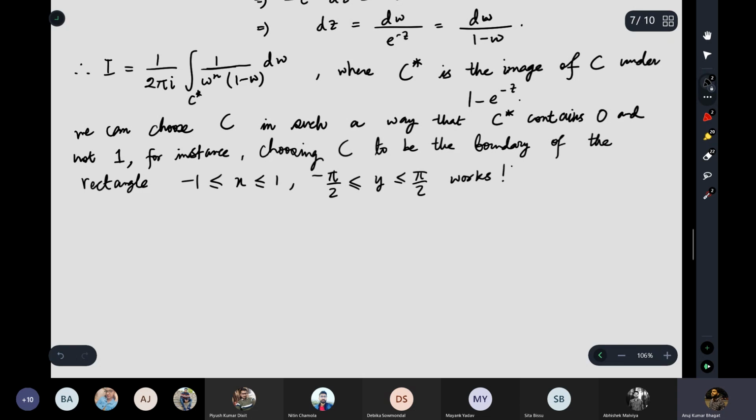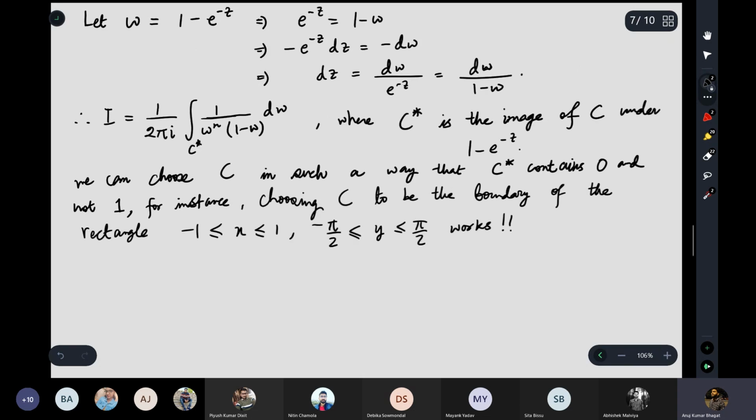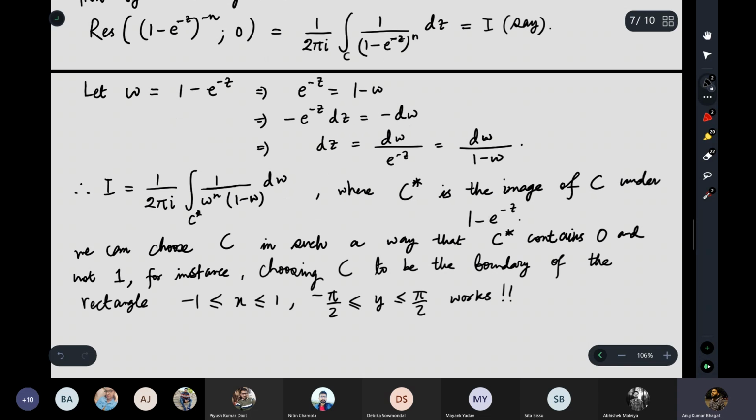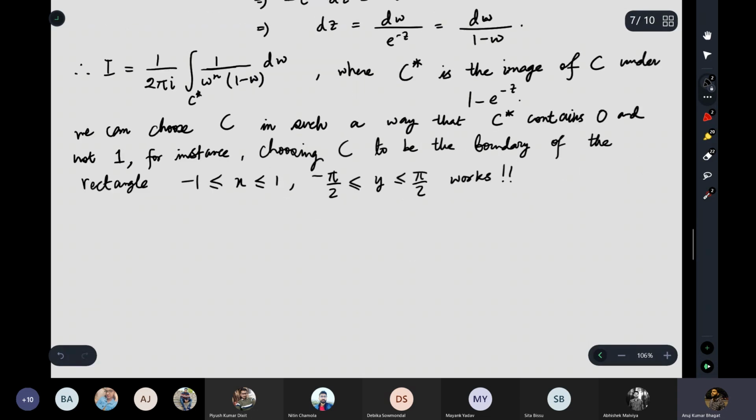That means you can prove that, but it will basically not be an easy job to find the image of this rectangle under this transformation. So you have to work hard a bit, but for the timing I'm just assuming such a choice of C is possible. One choice is this rectangle, and such that C star contains 0 and not 1.